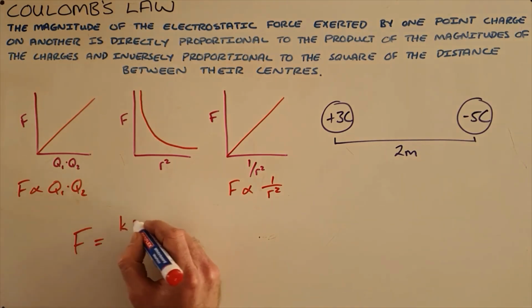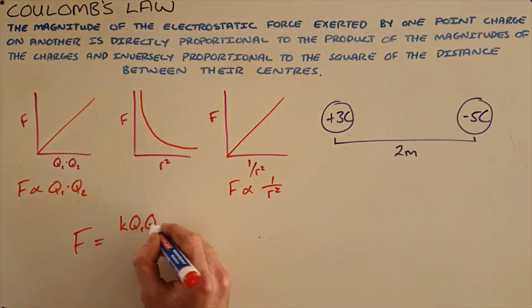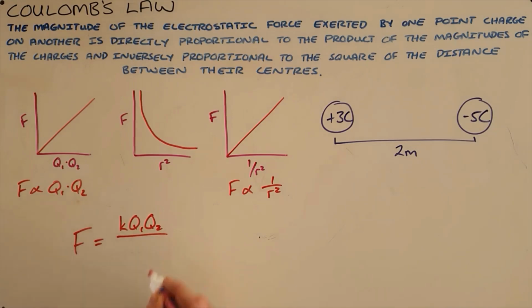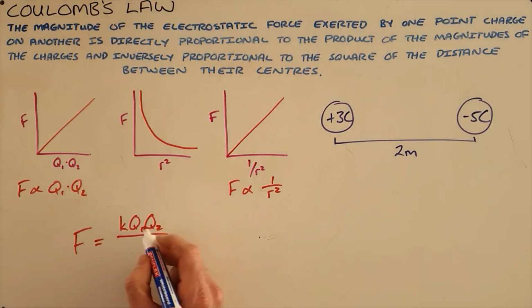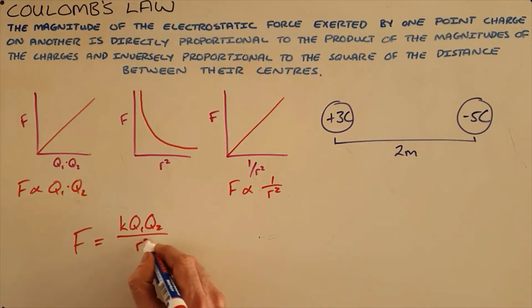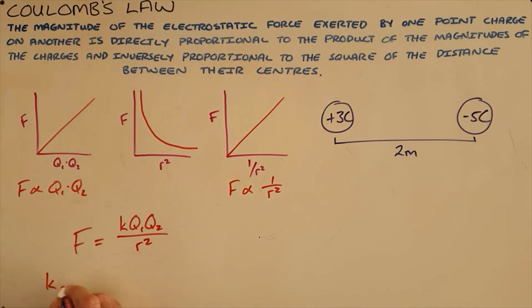That constant here is K, and that tells us that the force between two charged objects is equal to the product of their charges multiplied by K divided by the distance between their centers squared, where K is a universal constant of 9 times 10 to the 9 newton meters squared per coulomb squared.